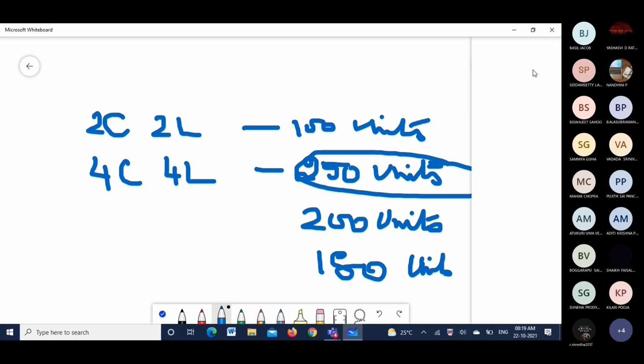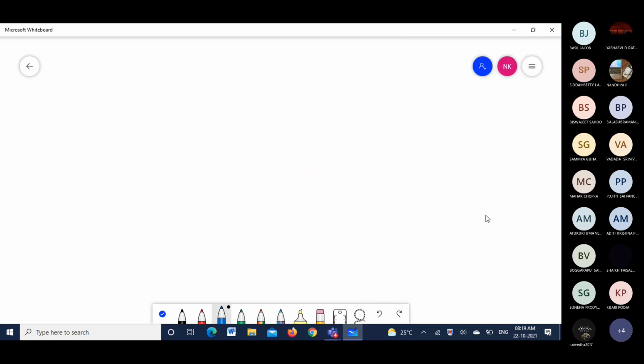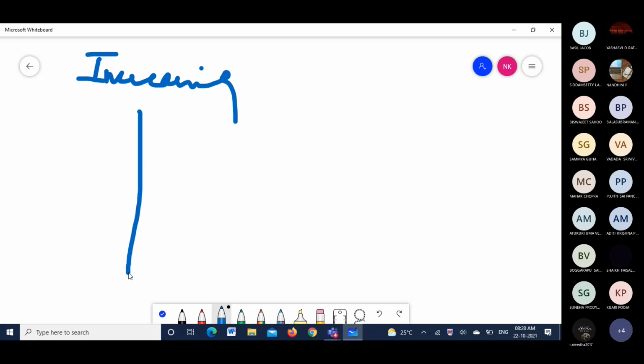So how do we see this with isoquants? That is your question. I'm taking increasing returns first. I'm not taking a factor price line here, to avoid confusion, but if you are very clear you can take a factor price line also; for me there is no issue.